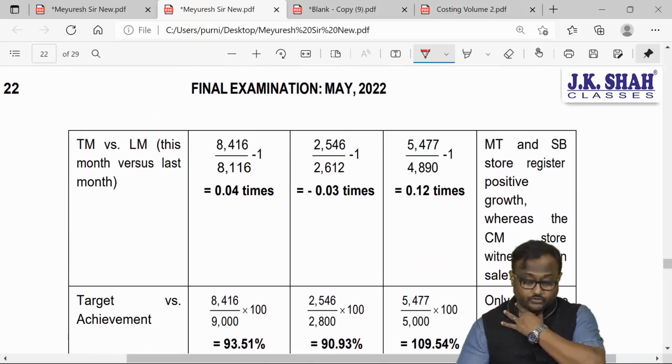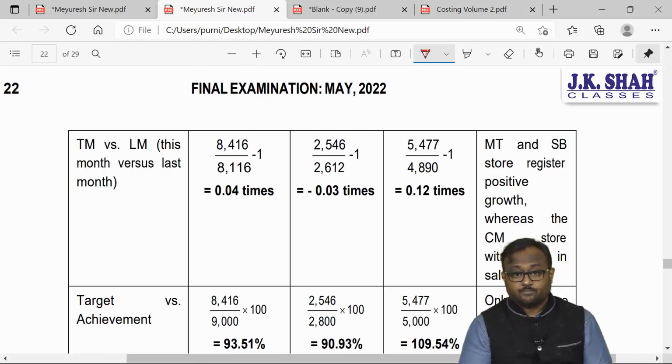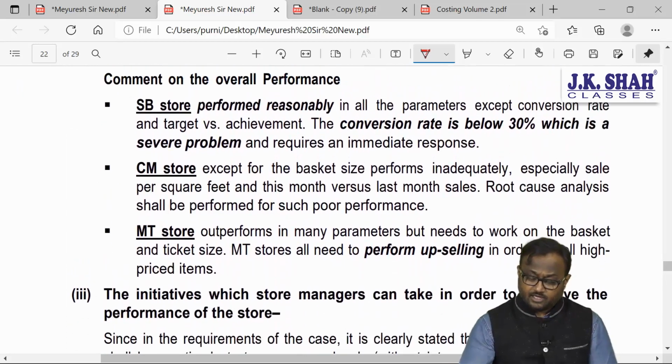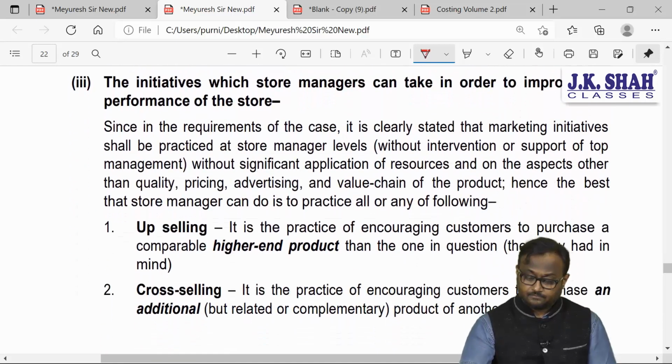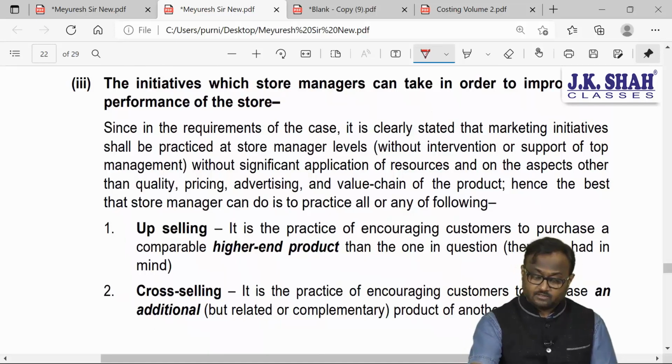It is increased in terms of first and third, it is decreased in terms of the second. So there is a positivity in case of first and third, there is a negativity in case of the second. This can be taken as a key performance indicator. So accordingly you classify this.